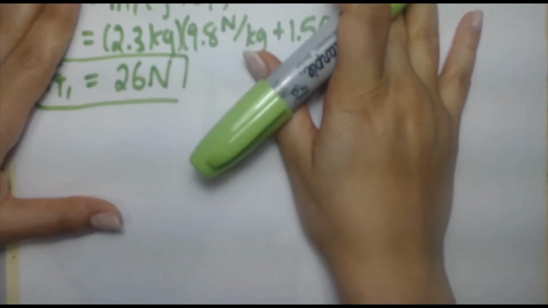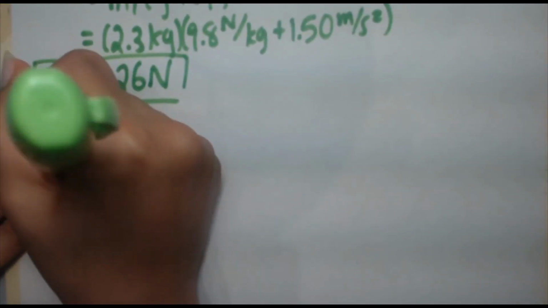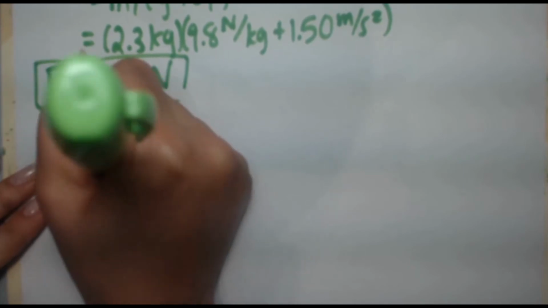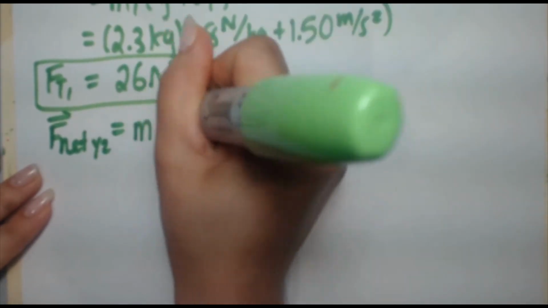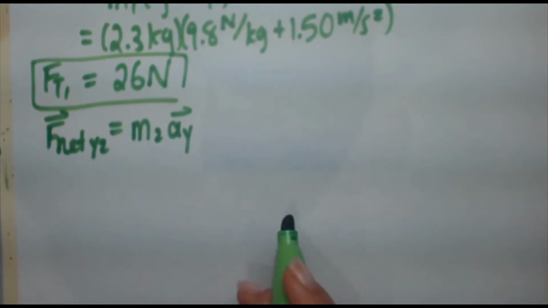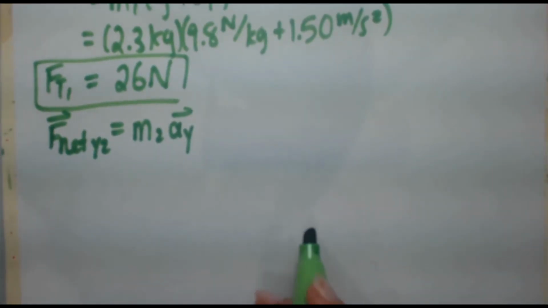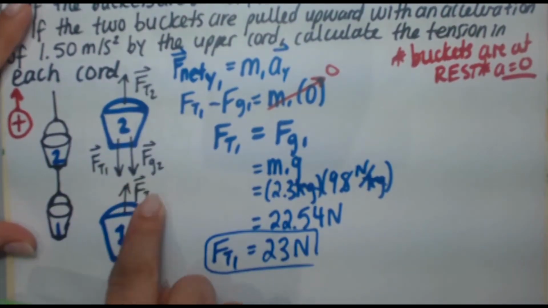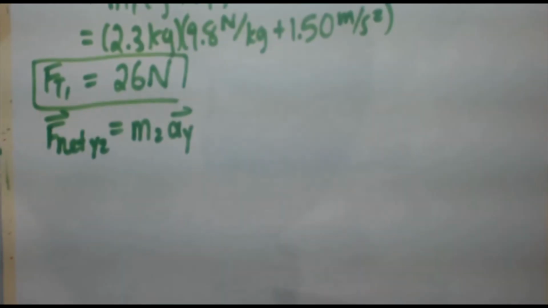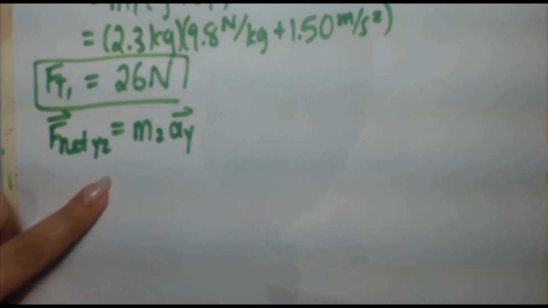Let's go ahead and keep going. Do it for object 2. F net Y2 is equal to M2 AY. Okay, so remember, for object 2, there's a little bit more things going on. For object 2, we've got tension up, we've got Ft1 down, we've got Fg2 down. So let's go ahead and plug in our forces.